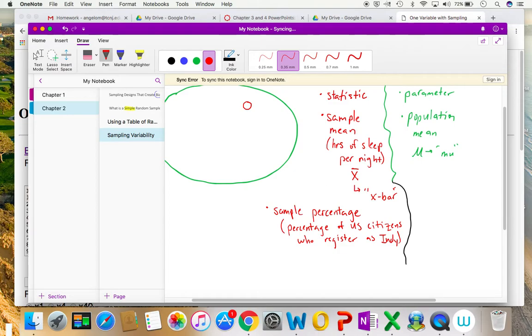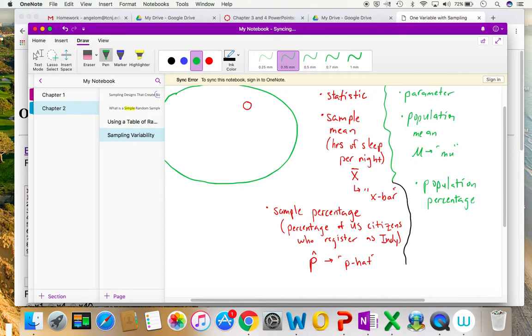The symbol we use for a sample percentage is a lowercase p with a little caret symbol on top of it, and we read that as p hat. Now, the only difference between the sample percentage and a population percentage is you remove that hat. So we'll say population percentage or probability.